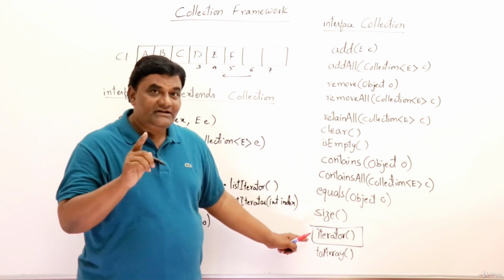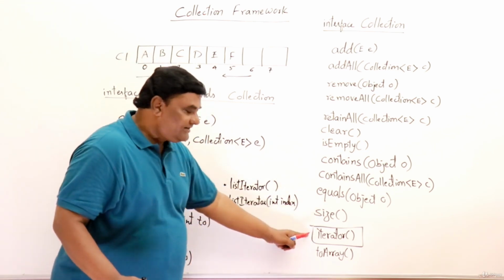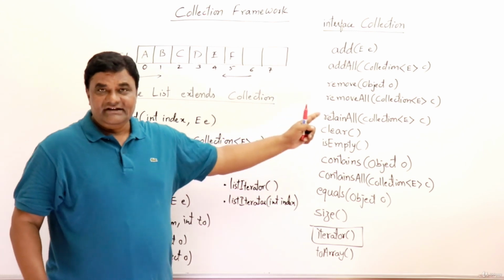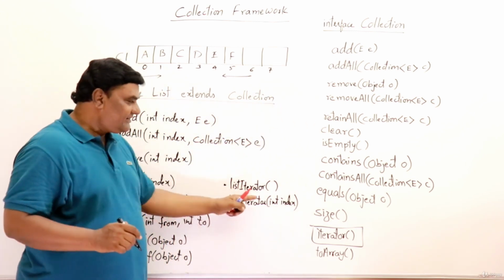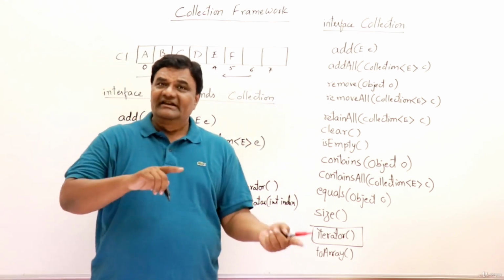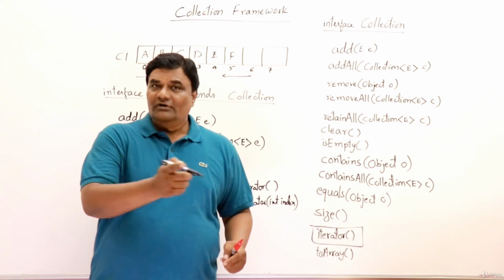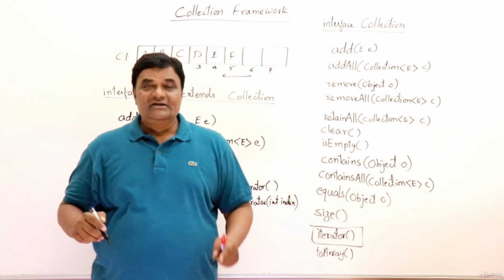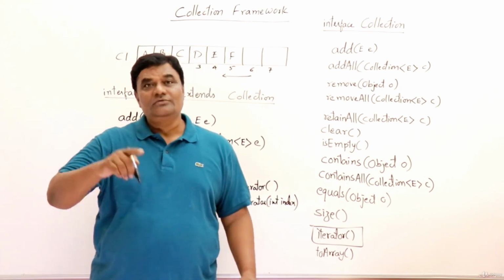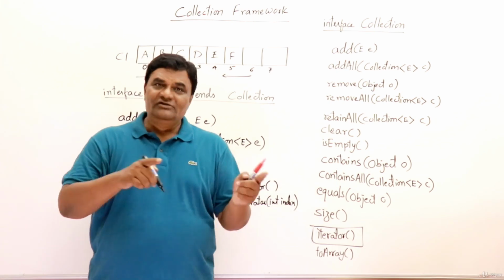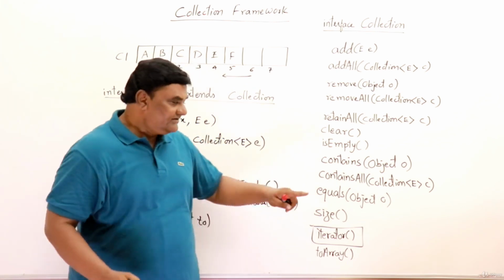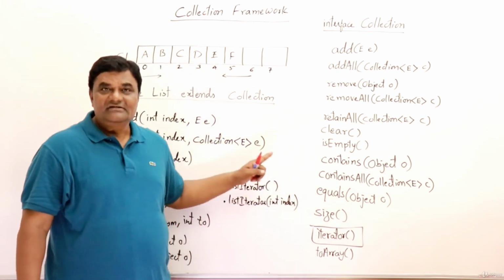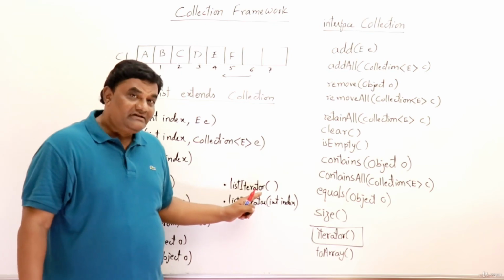But here I will show you the differences: this iterator allows you to access the element only in forward direction, but this list iterator allows you to access the element in either direction. You can move forward also, you can move backward also, you can go to the next element also, you can go to the previous element also. So you can access the objects in any direction. This is unidirectional, this is bidirectional because it is indexed.